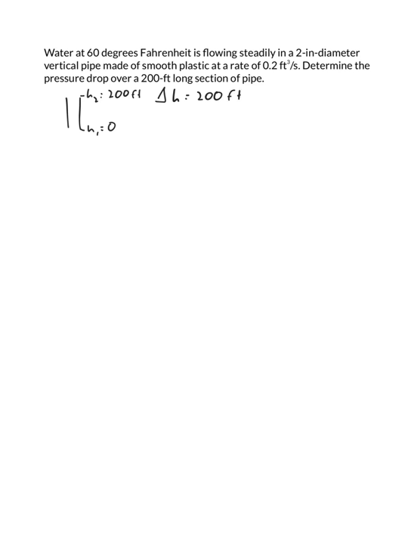All right. So this time, since it's vertical, we have a change in the dynamic pressure equal to 2 rho F L over D U squared. And have any of these values changed from the last time we did this? No, they have not.